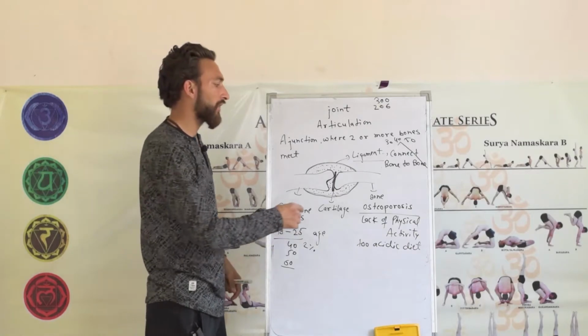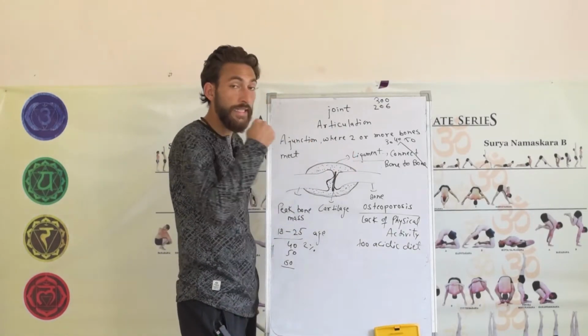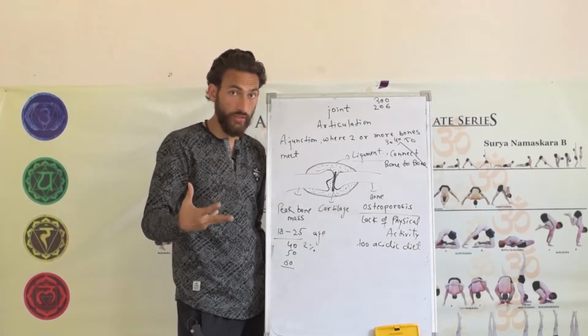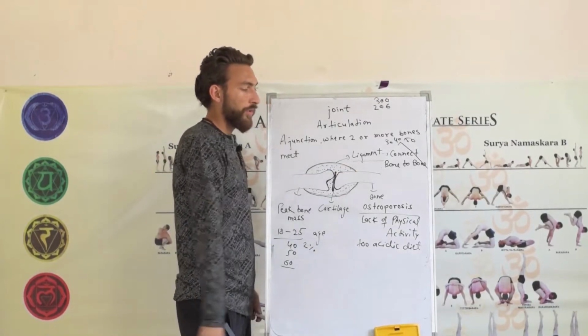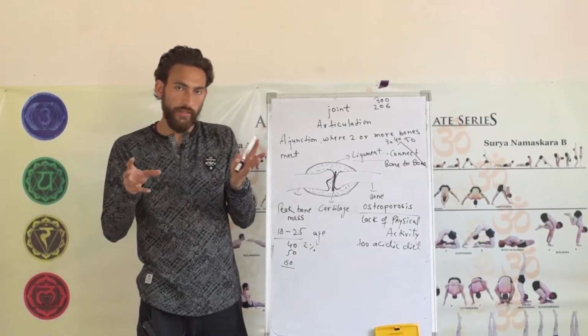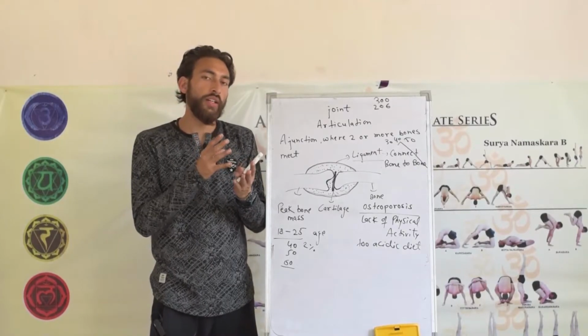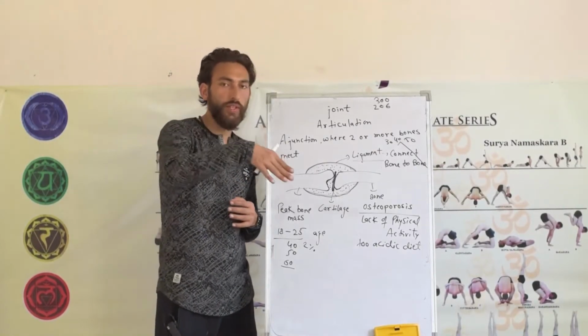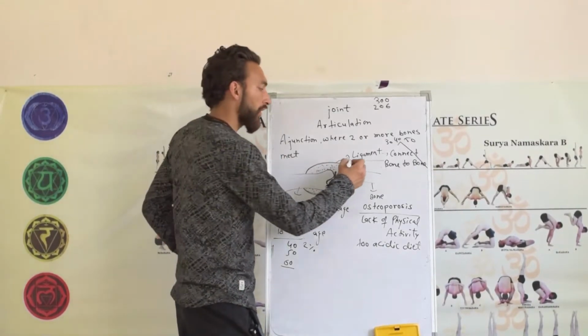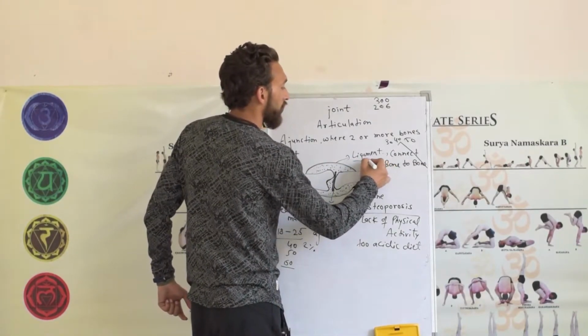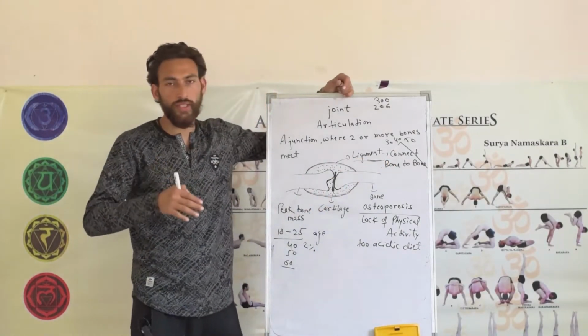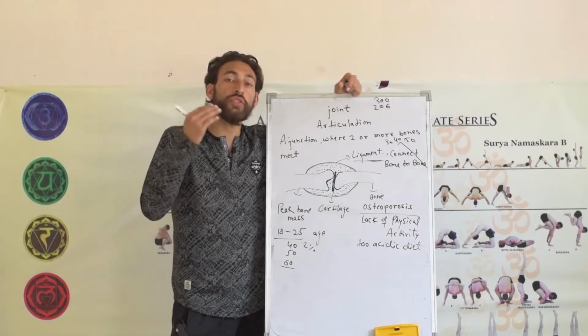It doesn't break because there is a strong steel wire like structure which is called ligament. Ligaments are white in color because they do not have rich blood flow to them. Ligaments are very strong, but they do not have rich blood flow.